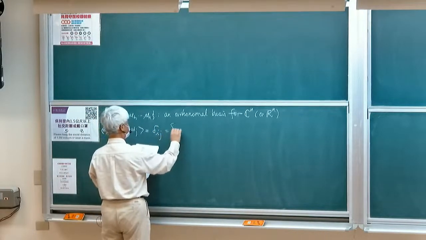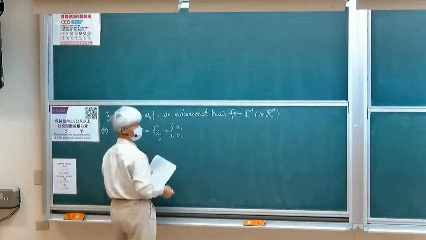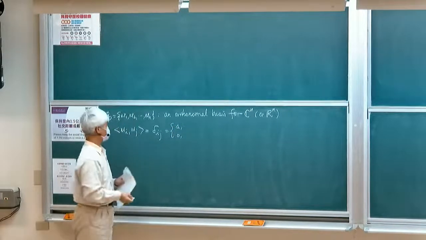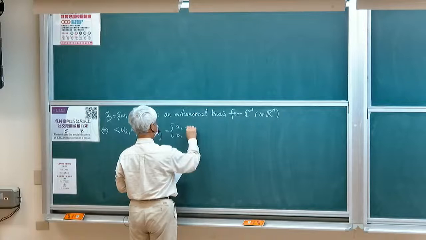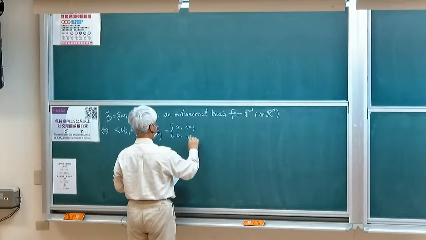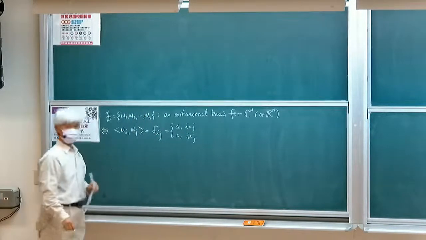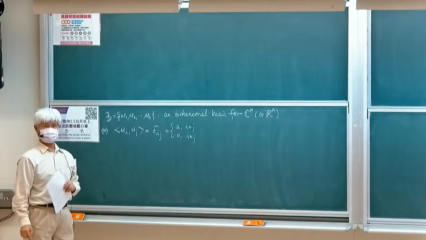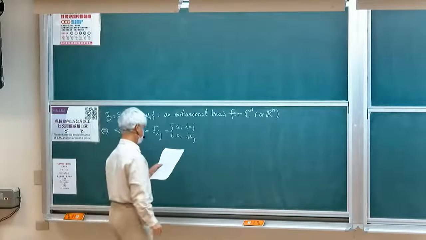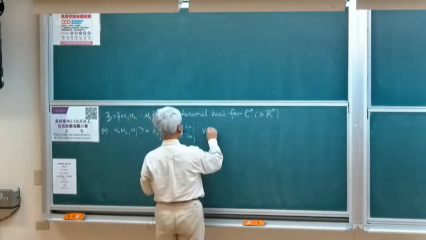As we know, the definition of the delta function is that it is 1 if i equals j and 0 if i is not equal to j.